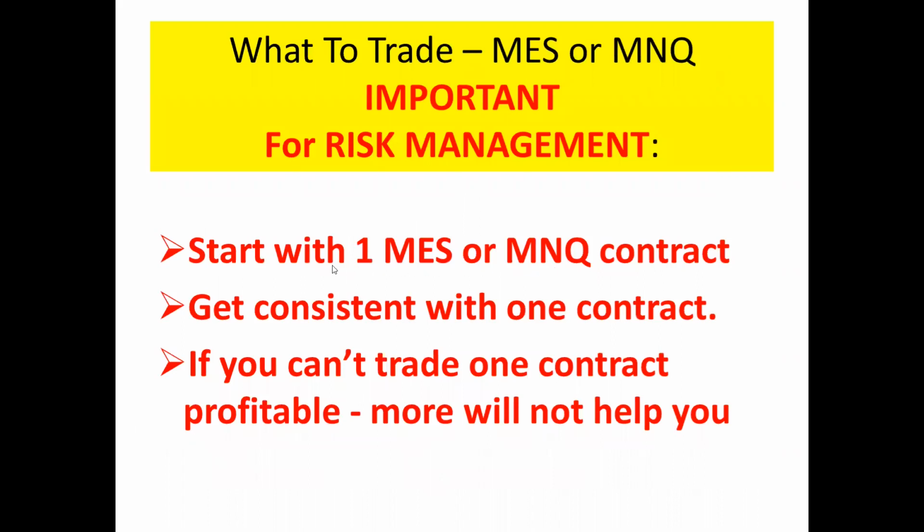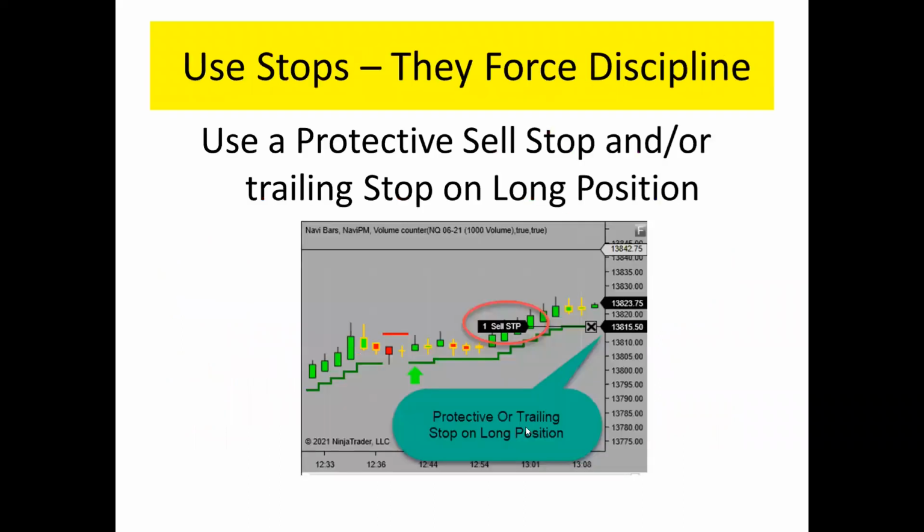In fact, let's say you have signals on both the E-mini and the NASDAQ. When you're first starting, just take one or the other. The more trades you have running, the more difficult it's going to be for you to manage them. So just start out with one contract. Get consistent with one contract. If you can't trade one contract profitably, more contracts are not going to help you.